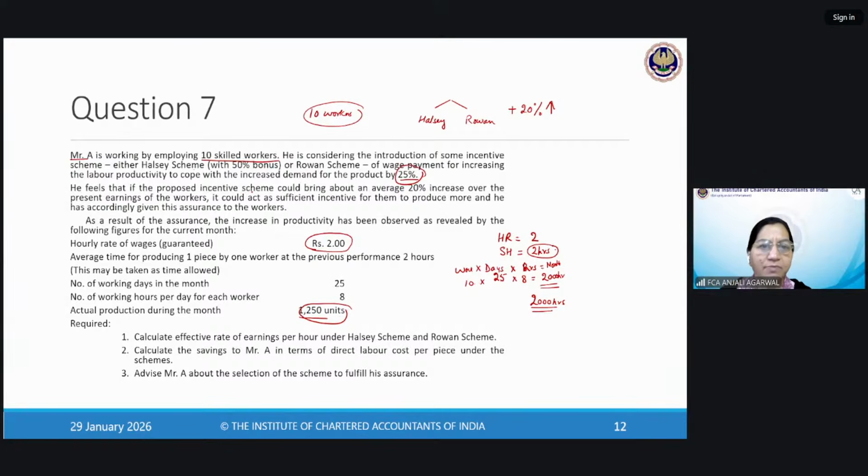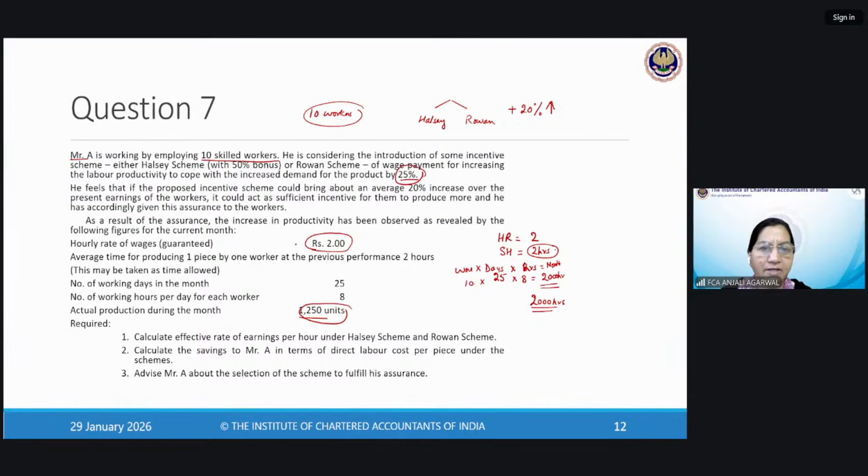He feels that if the proposed incentive scheme could bring about an average 20% increase over the present earnings of the workers, it could act as a sufficient incentive for them to produce more, and he has accordingly given his assurance to the workers. As a result of the assurance, there was increase in productivity and has been observed as revealed by the following figures for the current month.